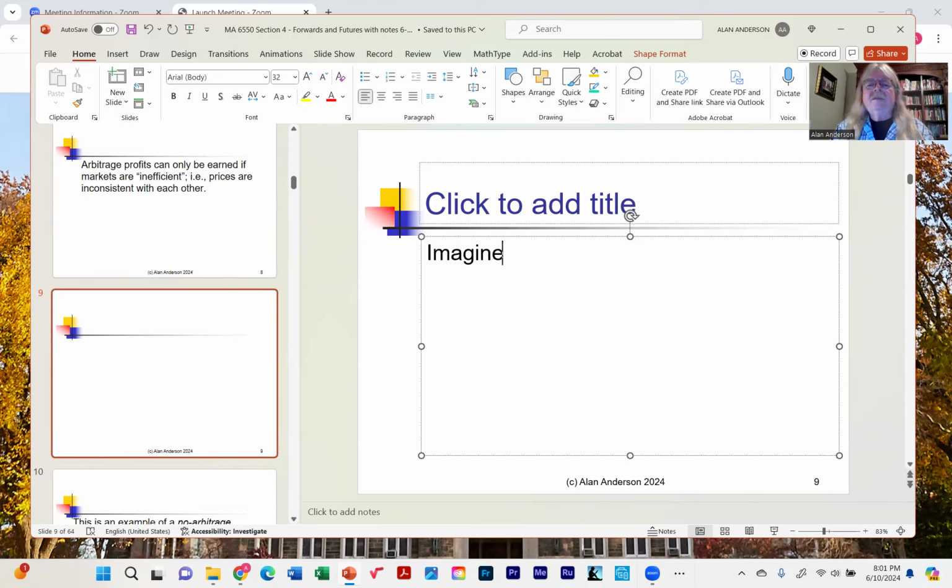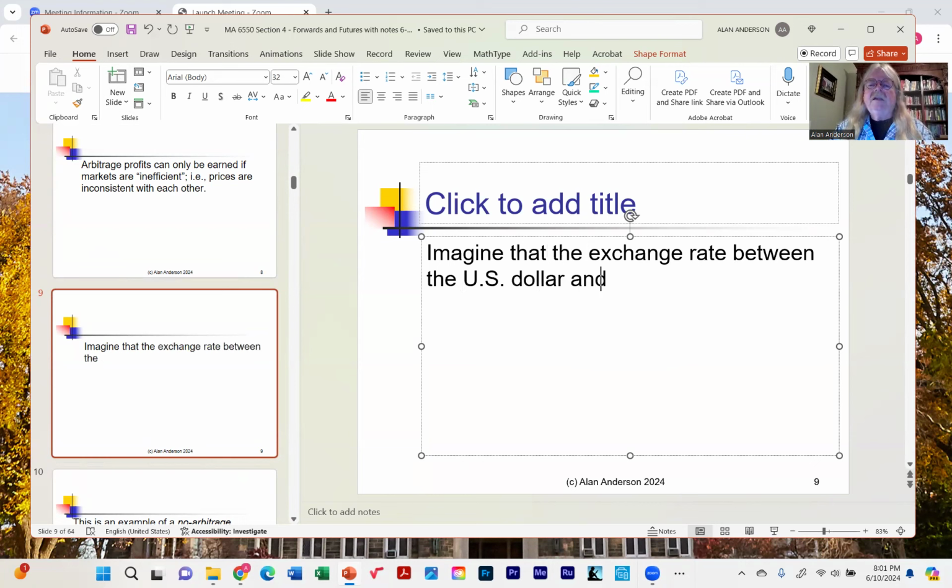So imagine that the exchange rate between the US dollar and the British pound is $2. Let's just make it simple, $2 per pound. I know it's nowhere near now, but okay. And then we find out that there's a gold dealer in New York.